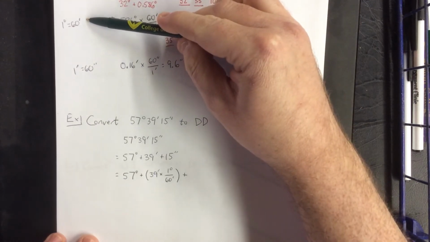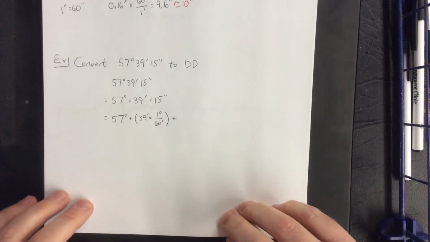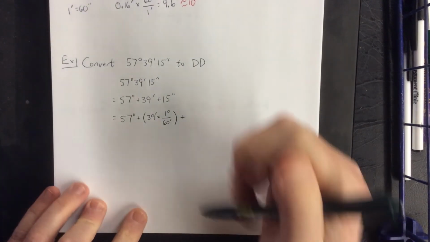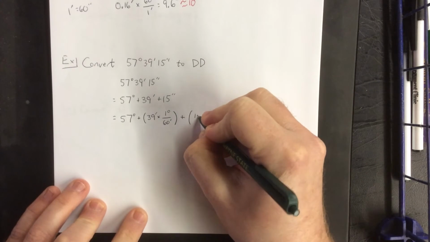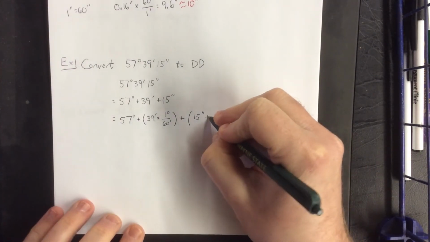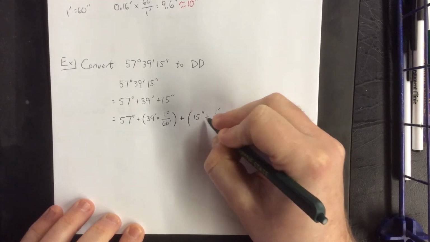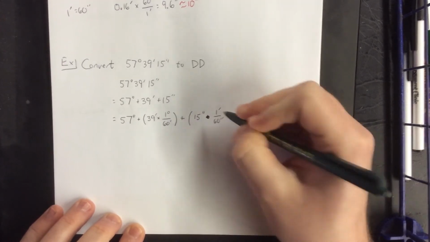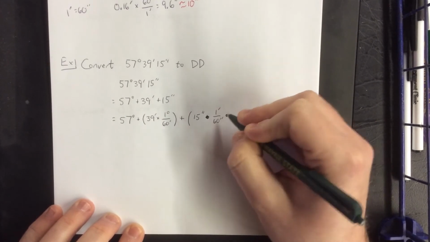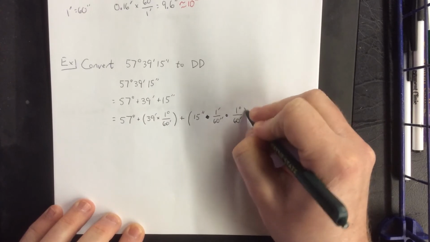Multiply by the thing that we're converting to, divided by the thing we're converting from. Now the 15 seconds is going to be done in 2 steps. The first thing I'll need to do is convert my seconds back into minutes. So that'll be 1 minute per 60 seconds. That should be multiplication, excuse me. And then multiply by 1 degree per 60 minutes.